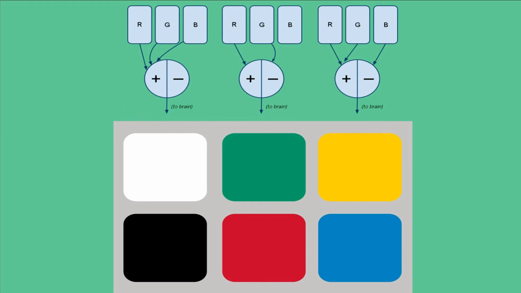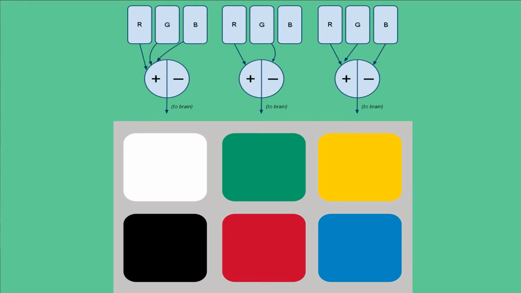Your brain then takes those signals for each pair to come up with what colors it sees. This is called the opponent process. The 6 signals that are output by the opponent process are black, white, red, green, blue, and yellow.